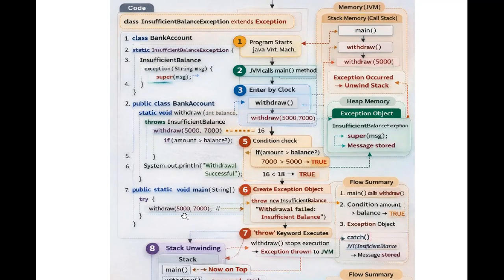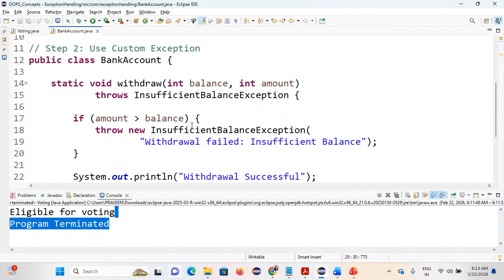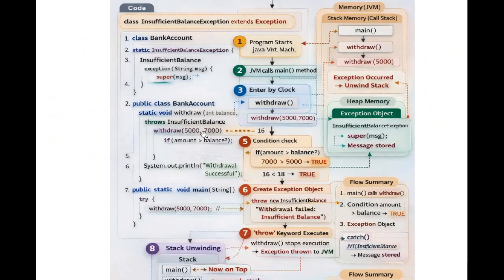So first I'm passing 5000 and 7000. Now this value will be passed to which function? Here, withdraw 5000 and 7000. Withdraw a balance, what will happen? 5000. Then the amount is okay. Two parameters we are passing. The picture slightly is not present, so better I can go with that. The amount is not displaying here.